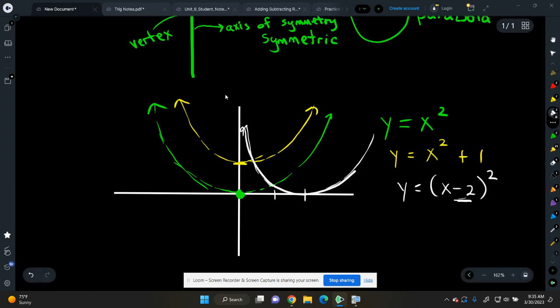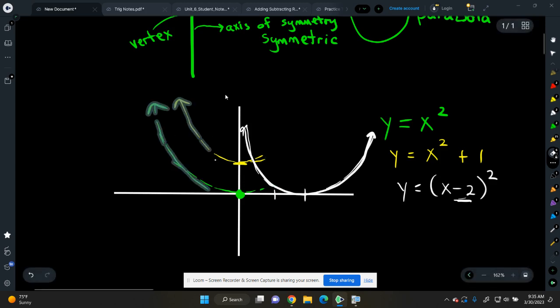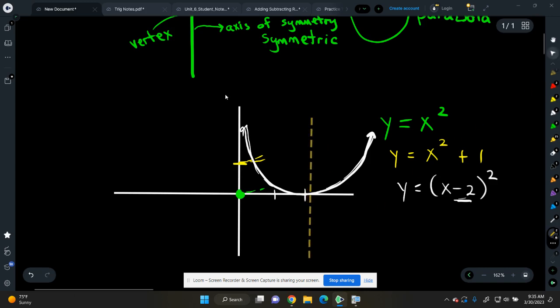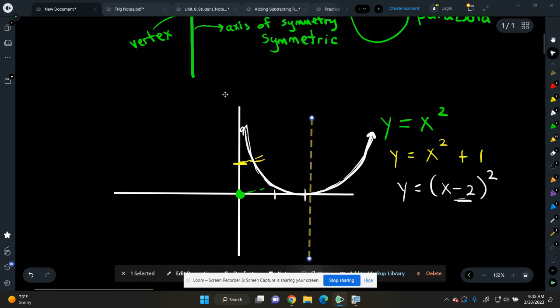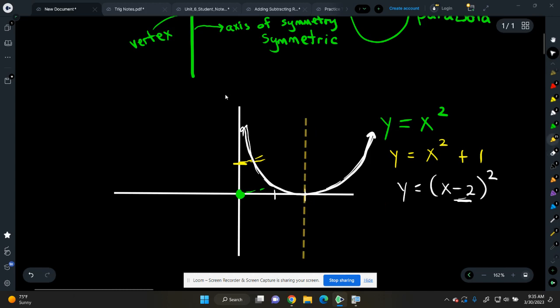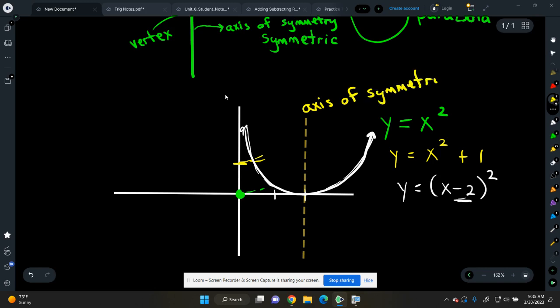Let's look at this one in particular. I'm going to get rid of these. My axis of symmetry is this axis right here. It's the line that we would fold our paper on to make the two sides match up.